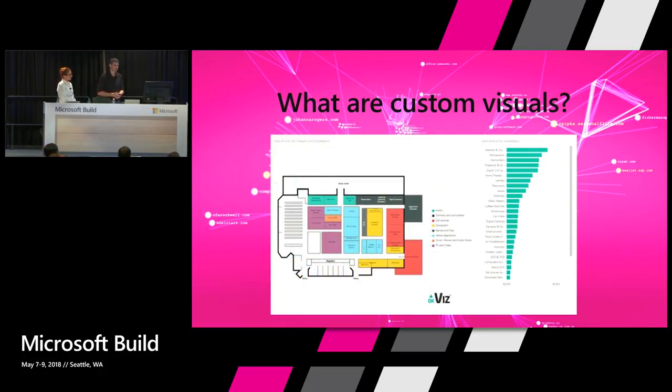But if you switch to a custom visual that shows a synoptic map of the store, you can immediately see that the colors are the categories, and the subcategories are on the right side. You can also see the layout of the store. So it's much easier to understand where your sales status is with this kind of visual.